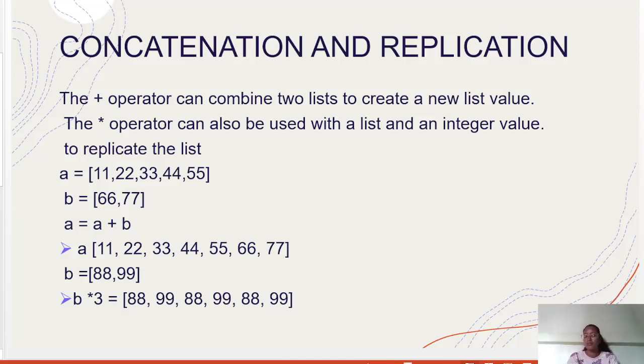When you use A plus B and assign it to A, the list A will be modified and the values in list B will also be added to list A. Let us consider another list B consisting of two values, 88 and 99. When you use the asterisk symbol with an integer, the values in the list will be replicated as many times as the integer given. For example, B asterisk 3 has given the values of B 3 times.